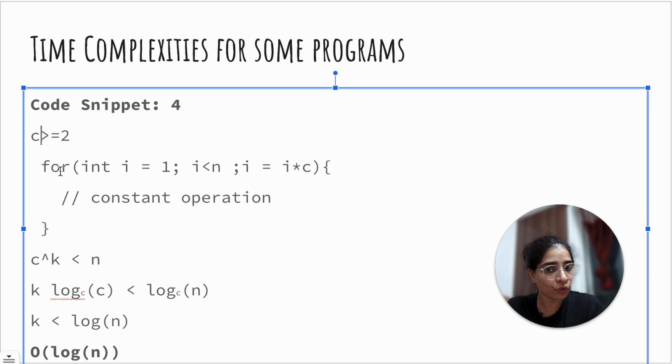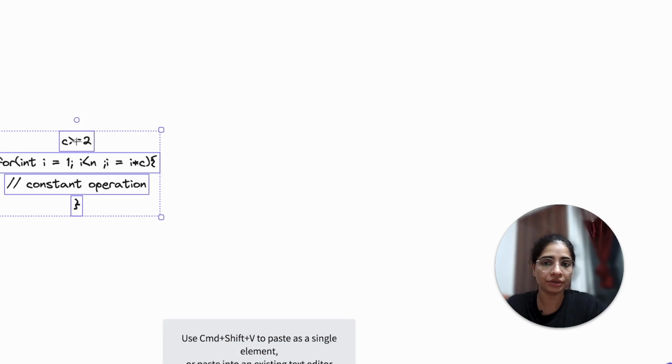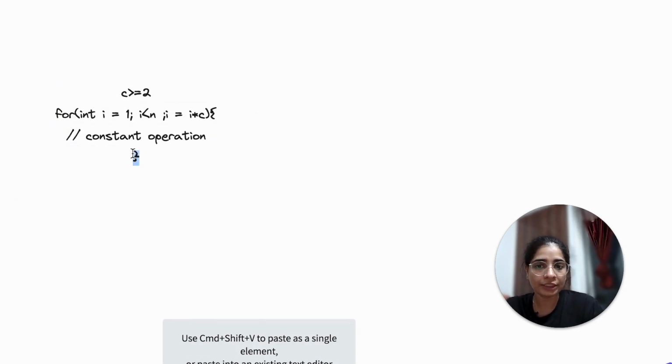The for loop goes from i equals 1 to i less than n, and i becomes i into c, and inside this loop there is a constant operation going on. I'll copy this and write it down here so that I can explain it in a better way.